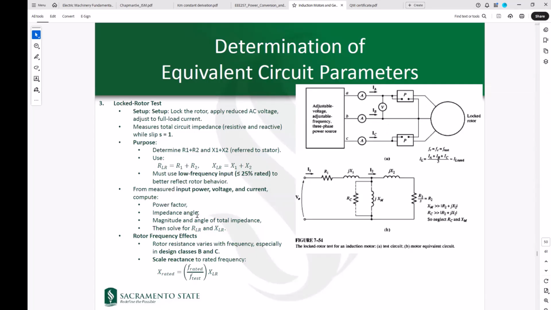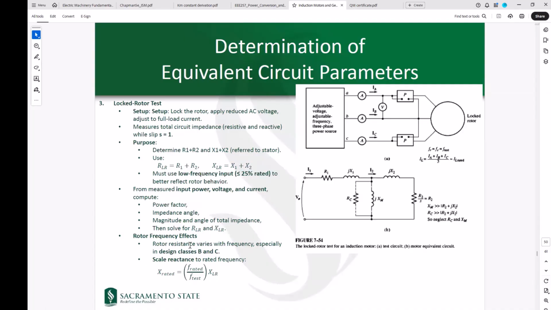From the measured values, input power, voltage, and amps, we find the power factor, impedance angle, magnitude, and angle of the total impedance, and then solve for RLR and XLR, where RLR is R1 plus R2, XLR is X1 plus X2.